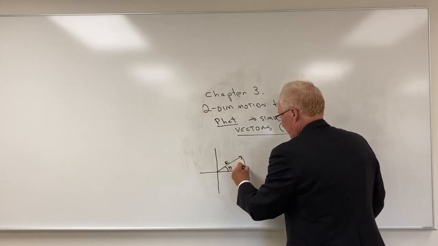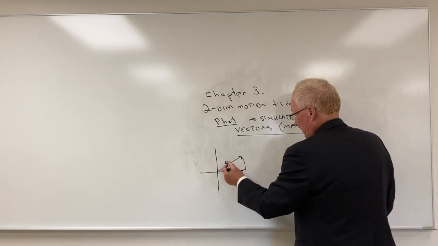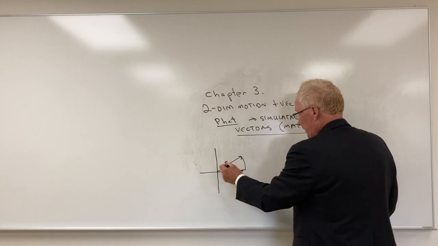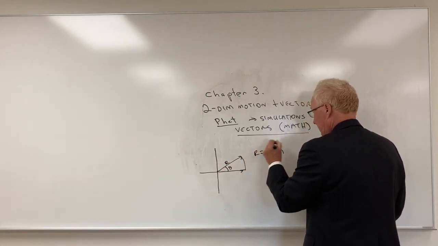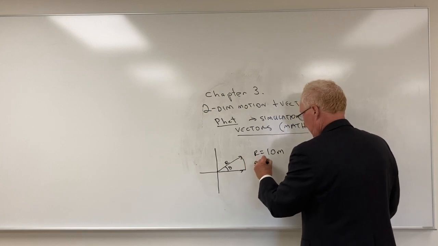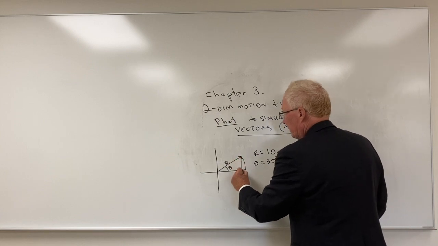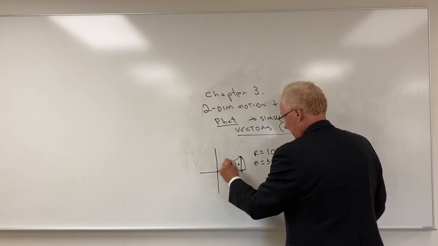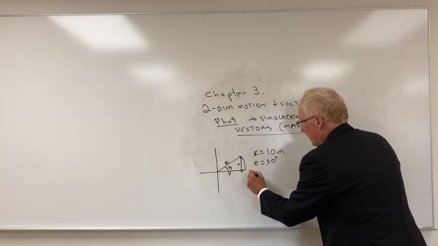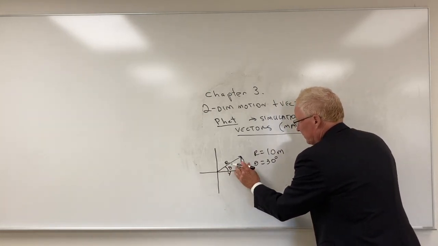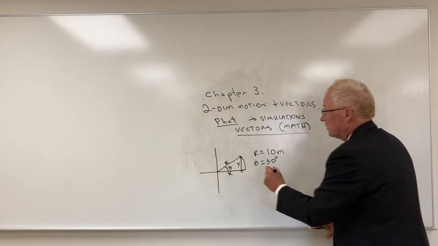And for the first one, say we have R is 10 meters, theta is 30 degrees. Now we have X and Y. Y and X, I should say, to be consistent with our coordinates.